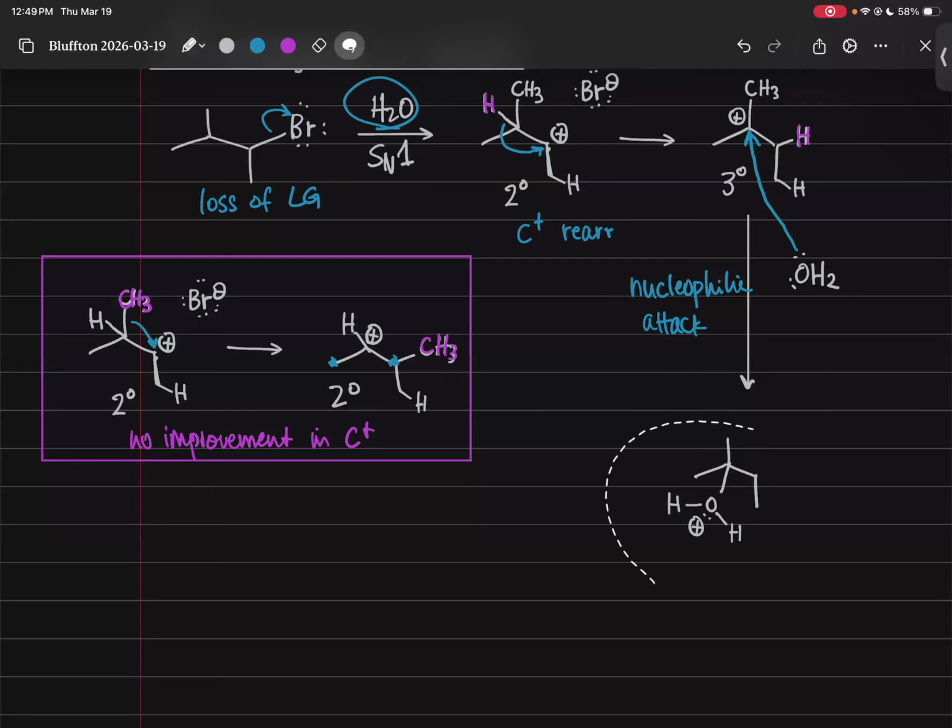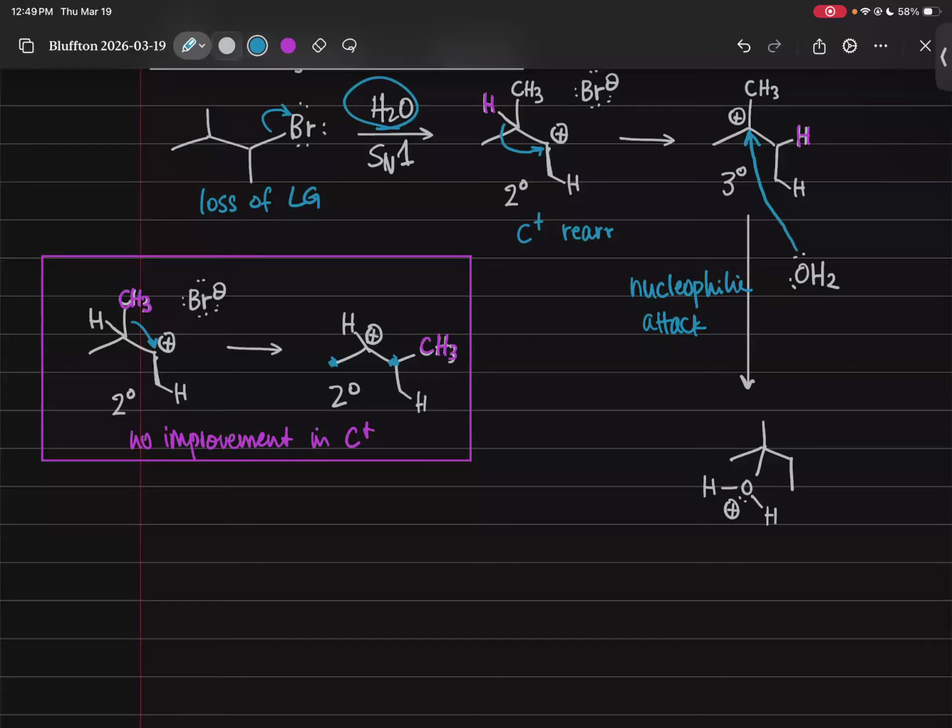So immediately after the nucleophilic attack, we have that molecule, which is charged because the two hydrogens on the water molecule are still attached to the oxygen. They've just been dragged along as the bond is formed. So our positive charge is now on the oxygen.